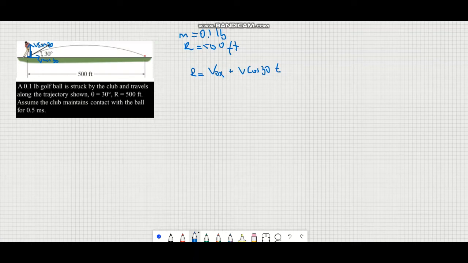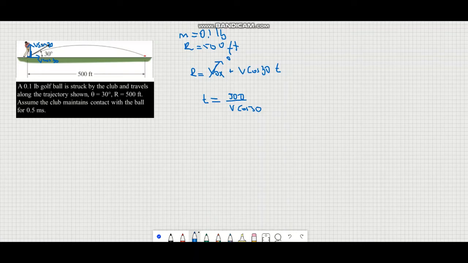R is 500, and the initial x position is 0, so that means t is equal to 500 over v cosine 30.